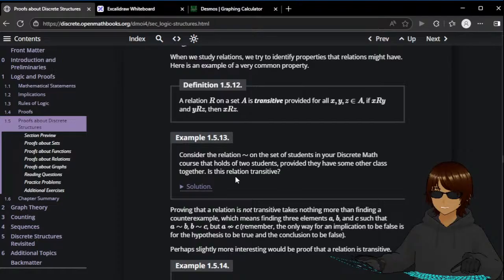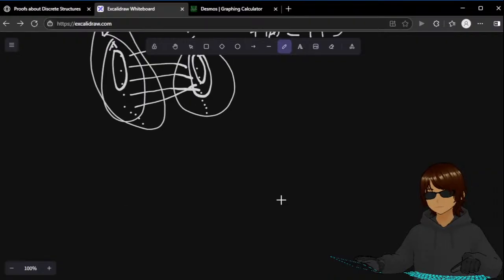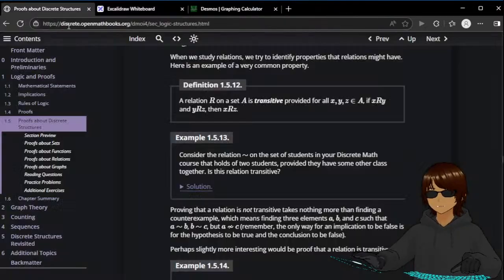So students in the discrete math course are A, B, C, D. Provided they have some other class.